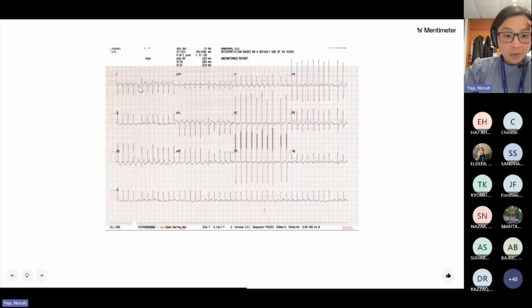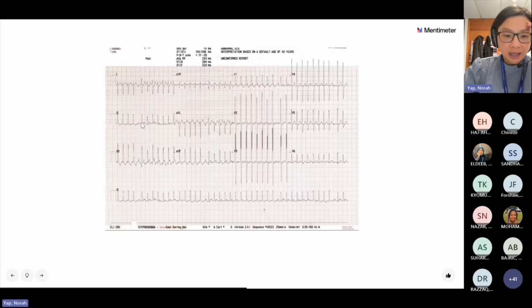So if you look here in lead 1, I presume this is what you're talking about, the broad complex. Yeah, so that's the P wave. That's the atrial tachy P wave. A broad complex will not look so small. It will be quite obvious if it is a broad complex QRS. So this is the P wave. All right. Thank you.